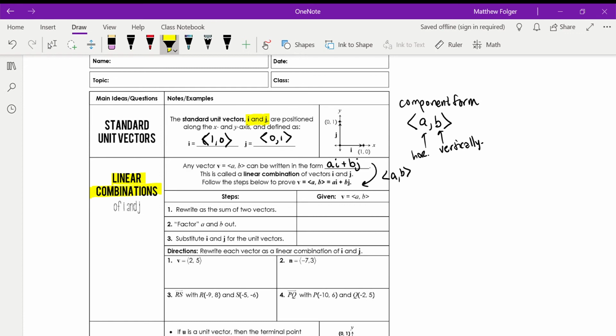Now, here's another explanation of why that is. If you're given the vector a, b, well, you can think of it as the vector a, comma, 0, plus 0, comma, b. So you can think of the vector as the sum of those two.